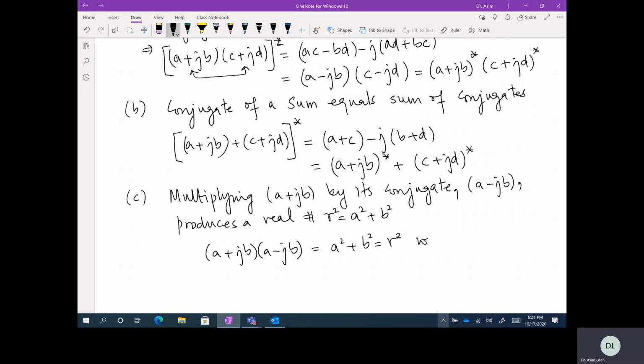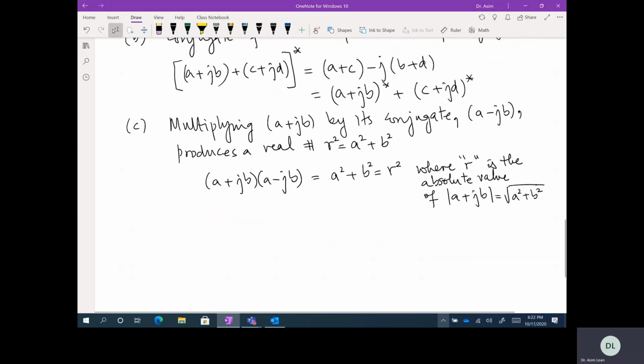And here R is the absolute value, this is not the rank, it is the absolute value of A plus JB, and this is equal to A square plus B square.